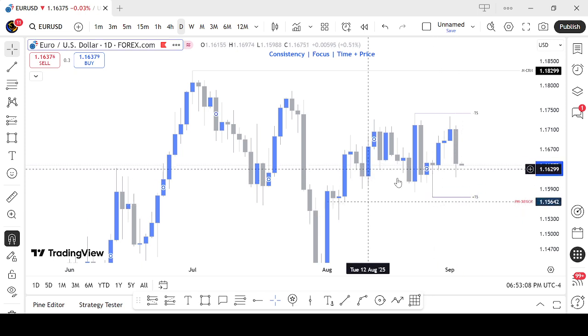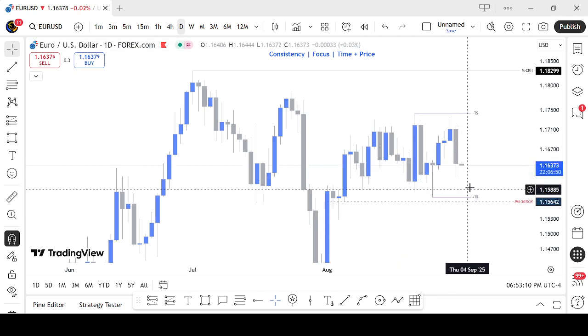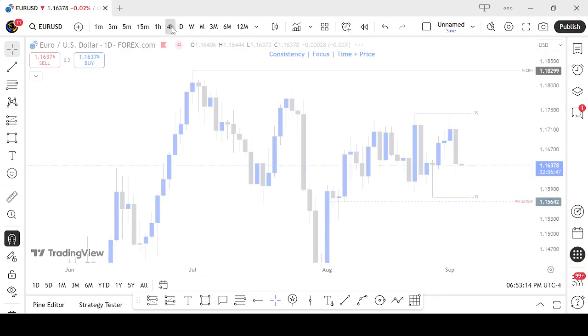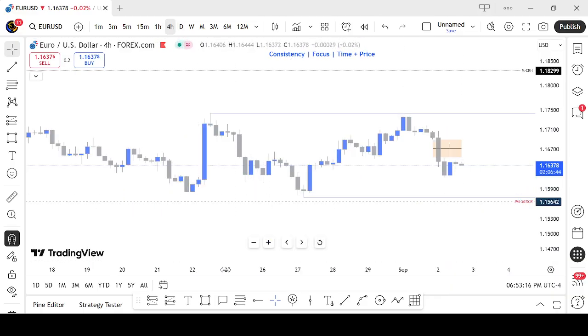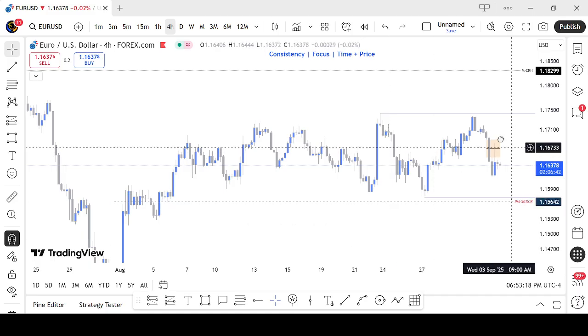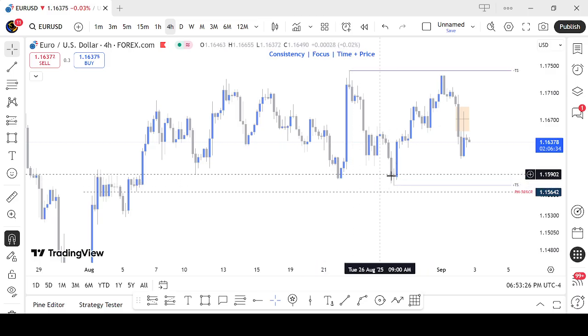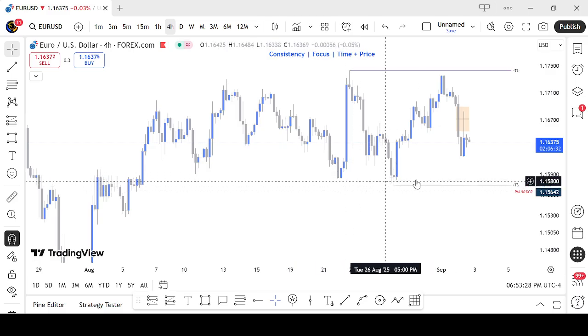Now if we look at the 4 hourly time frame, all right, now this is very fantastic. Now we've seen how there are relative equal lows, although we swept this low, but this is a relative equal lows.